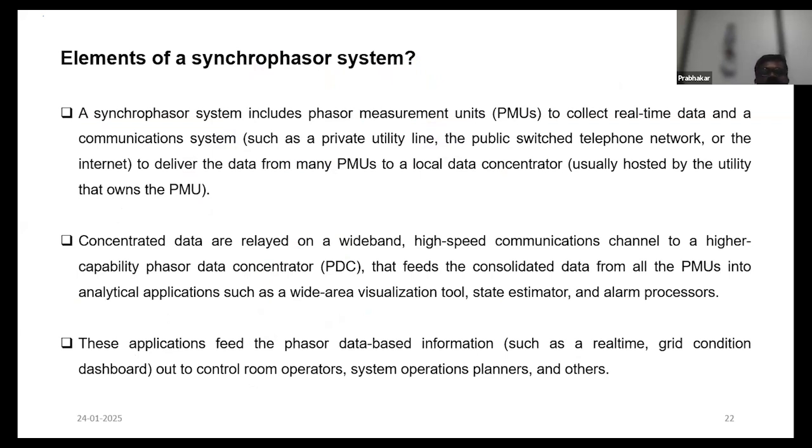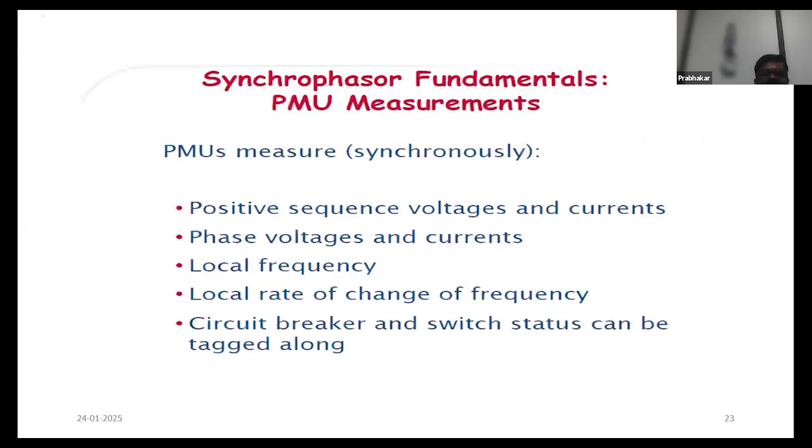Okay. So people are working on various other domains where this PMU data can be used for studies. You can see the basic information the PMU measures. One is voltage and current, which means three phases: three voltage phasors and three currents, with magnitude and angle.